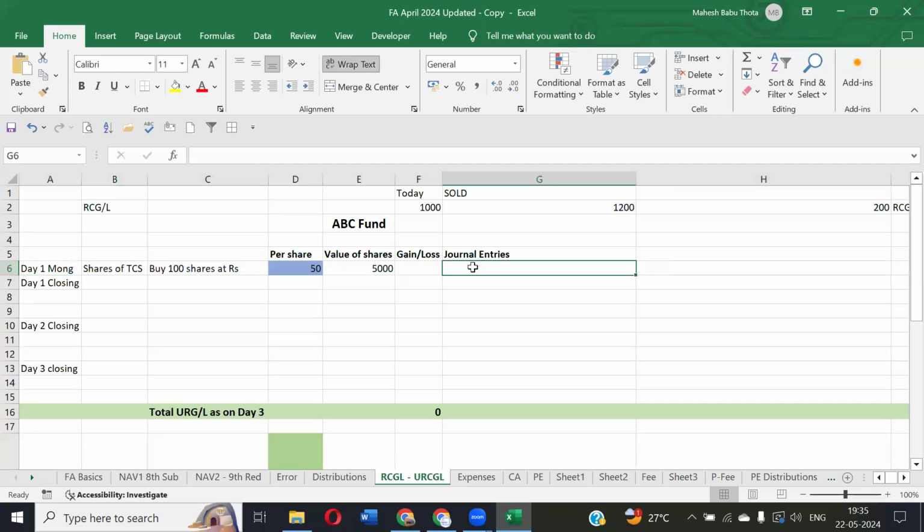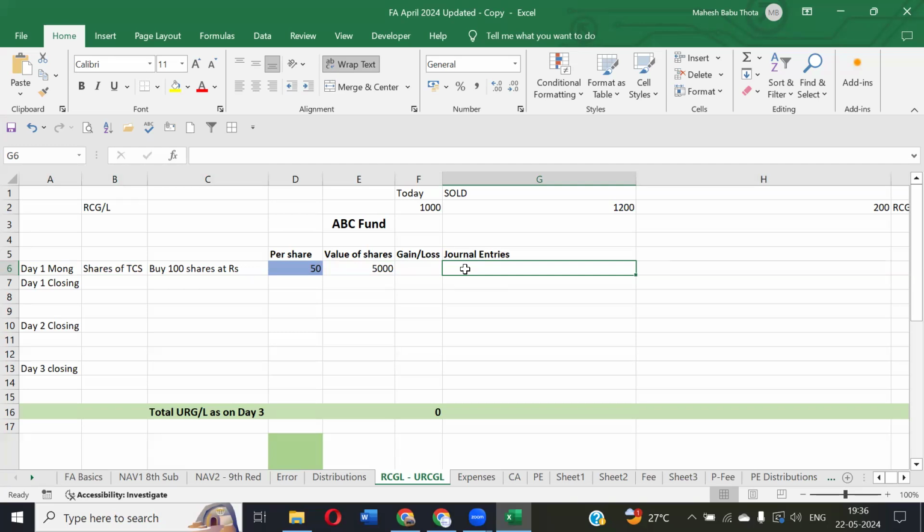Can anyone tell me the general entry for purchasing these shares? I think already we discussed all these general entries. Yes. Shares account debit to cash account.